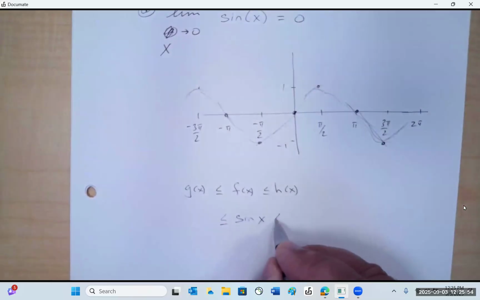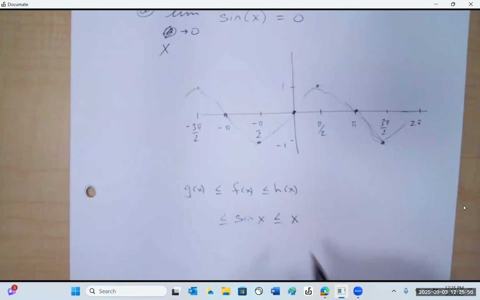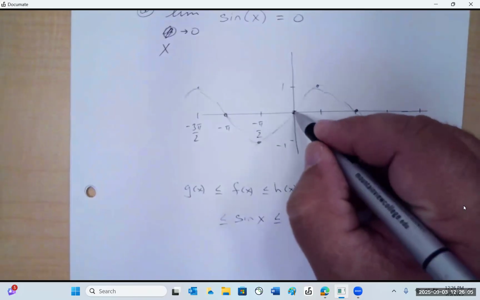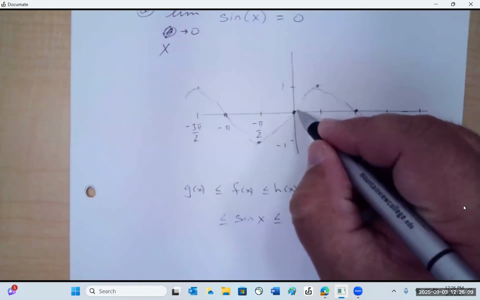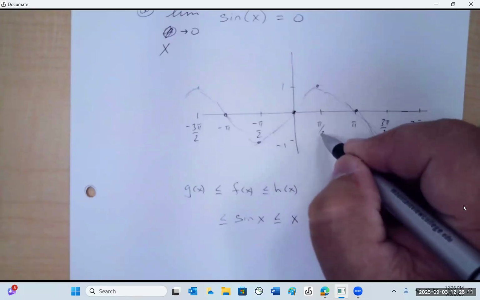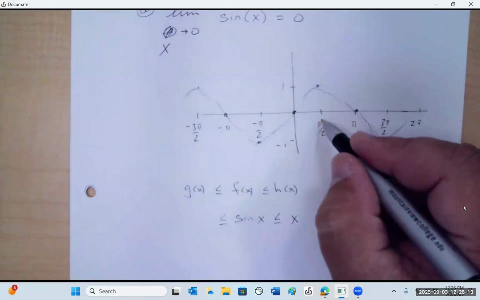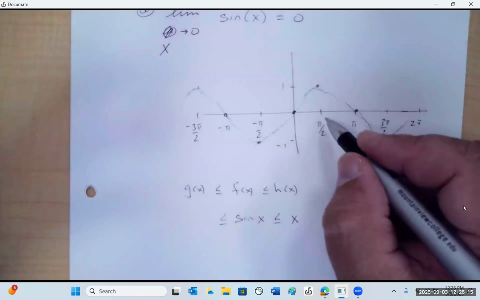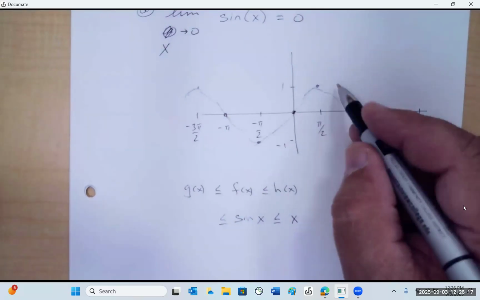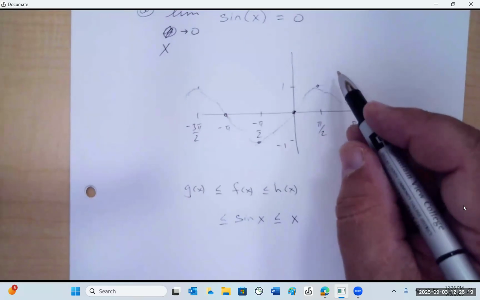If we just looked at x, at 0, it's 0. What is pi? Pi is 3 point something, divided by 2. Is that greater than 1 or less than 1?